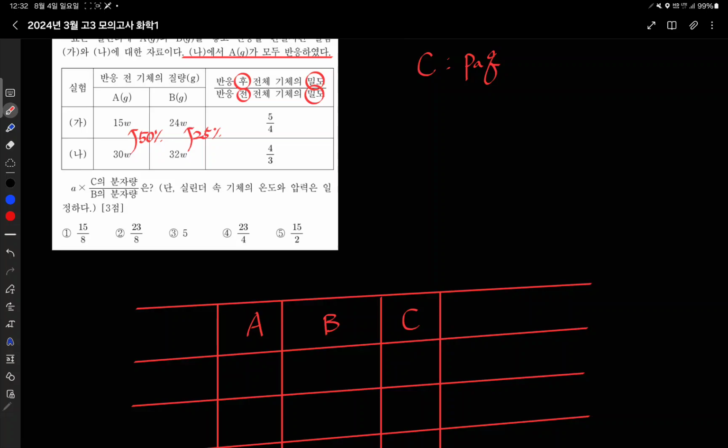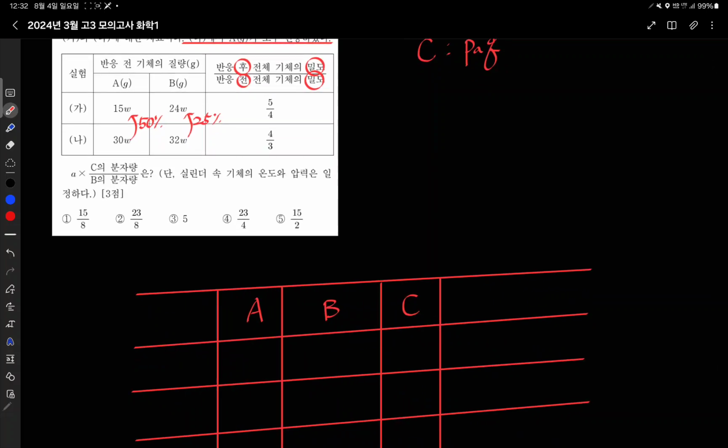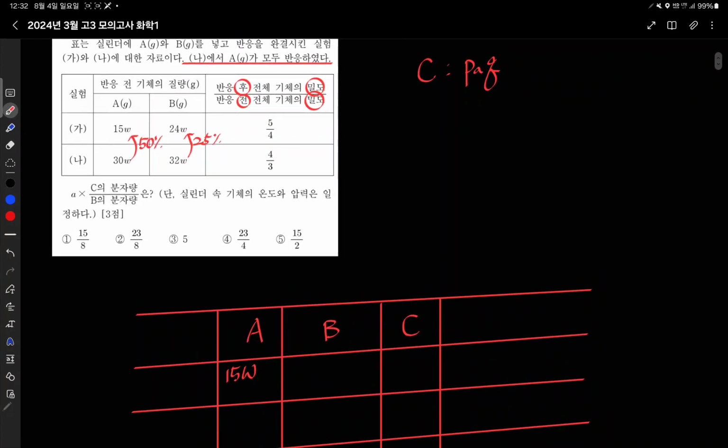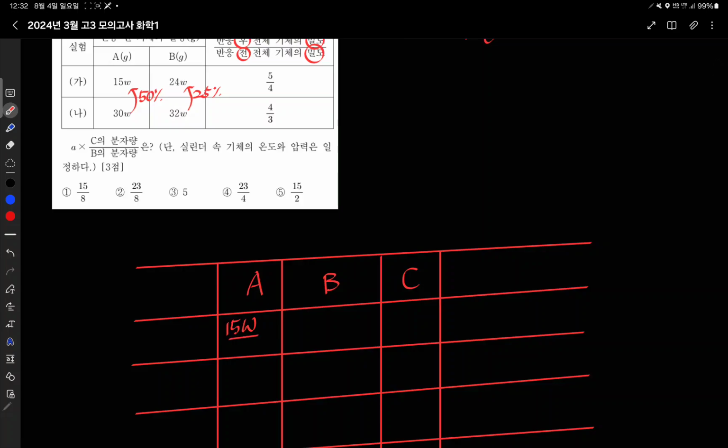So the amount of A before the reaction in the first experiment in terms of mole is 15 times W, that's mass, divided by 2 times atomic weight of P, that's the molecular weight of A. And before the reaction in the first experiment, the amount of B in terms of mole is 24 times W divided by 2 times atomic weight of Q. And there was no C before the reaction.